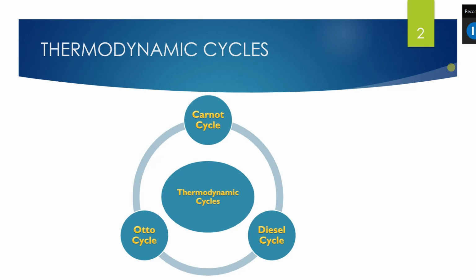Thermodynamic cycles are used in many applications like car engines and refrigerators, and we will discuss more details in the upcoming lectures. The main thermodynamic cycles used today are the Carnot cycle, Otto cycle, and diesel cycle. These three are known as reversible thermodynamic cycles, and because of that, they are ideal cycles.